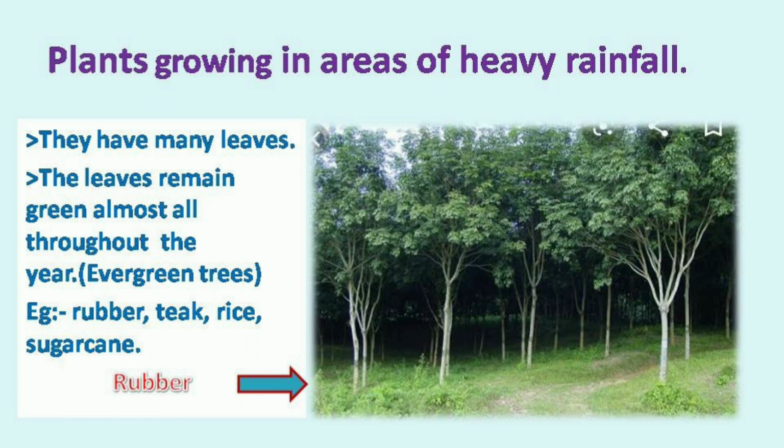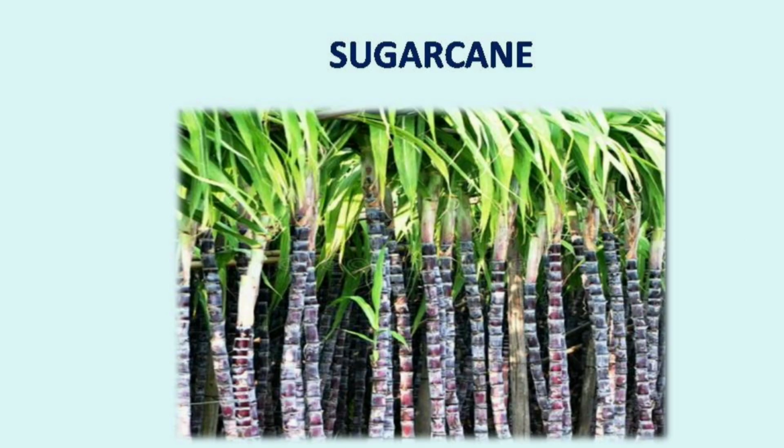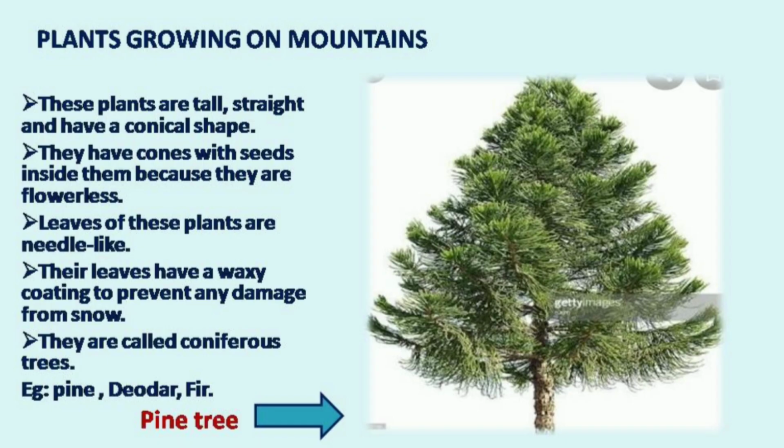Plants growing in the areas of heavy rainfall. They have many leaves. The leaves remain green almost all throughout the year. Example: rubber, teak, rice, and sugarcane. Plants growing on mountains. These plants are tall, straight, and have a conical shape.